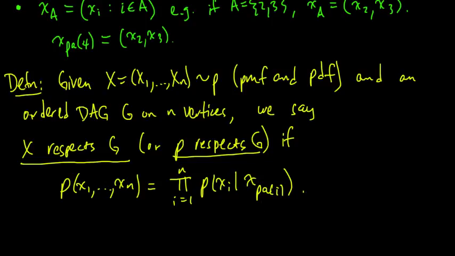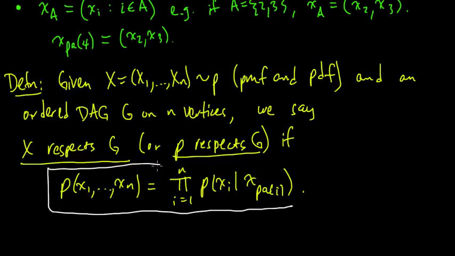So this is the key formula here. Remember before I mentioned that it all comes down to the factorization of the joint distribution, and for directed graphical models, this is the factorization that I was referring to.